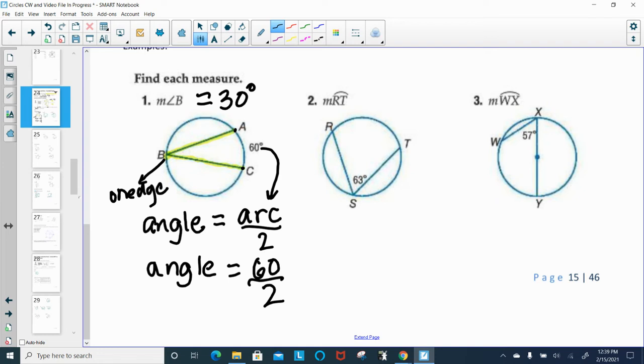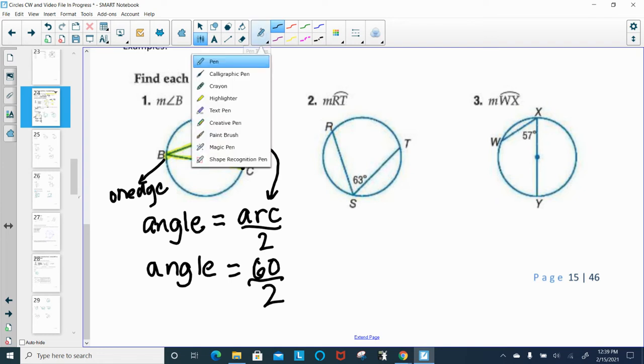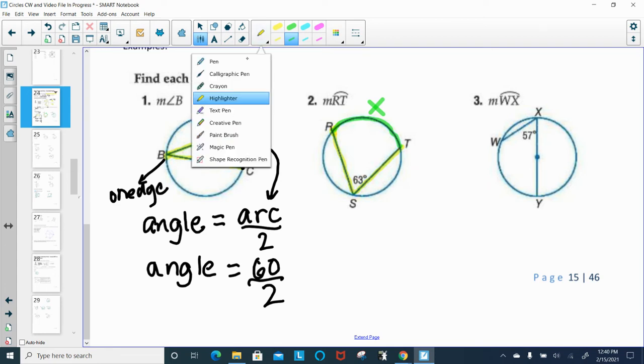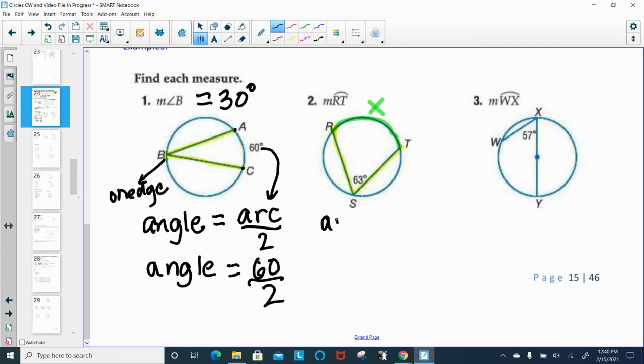In this next problem, the measure of RT, that is an arc. But if you look at the picture, R to T that we want, we're going to make that X. That particular arc belongs to an inscribed angle. So we have to use this same formula. Angle equals arc over 2.